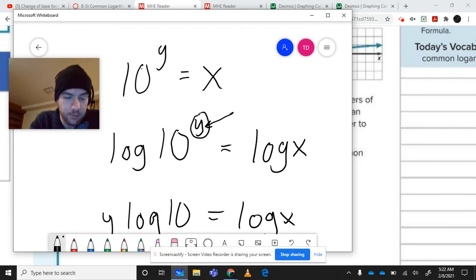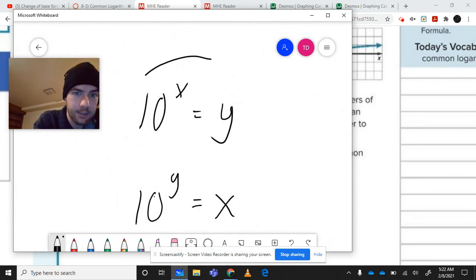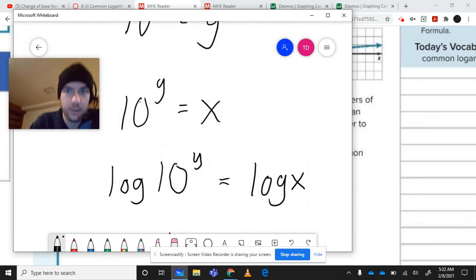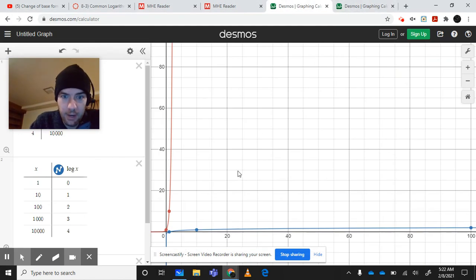The y-axis is representing the exponent values, whereas before, in an exponential equation, it was the x values representing the exponent. Looking at our graph of the two functions, in the exponential function, x is the exponent, and in the logarithmic function, y is the exponent.